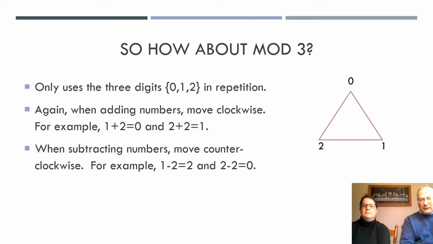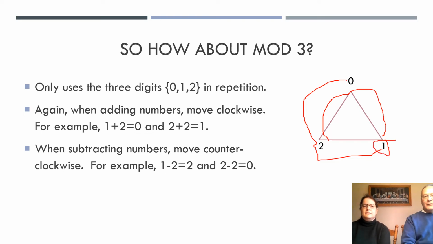So you start from 1, go clockwise 2 places, you end up at 0. Now 2 plus 2, you start on the 2, you go 1, 2, 2 plus 2 equals 1.